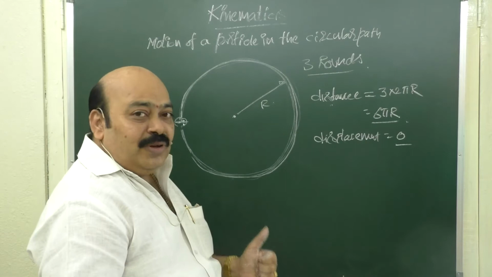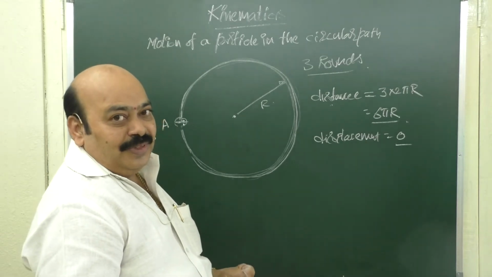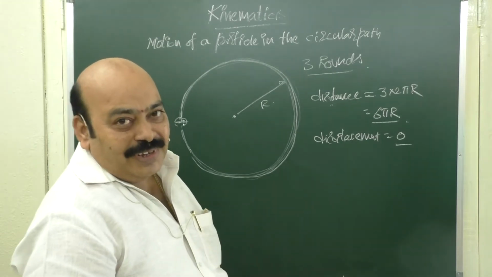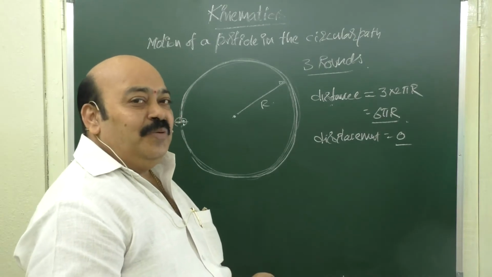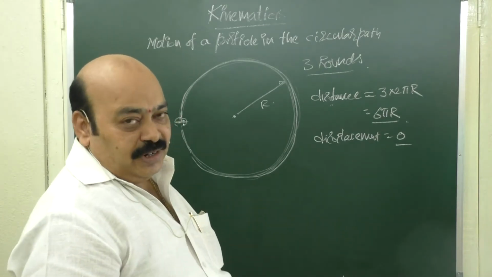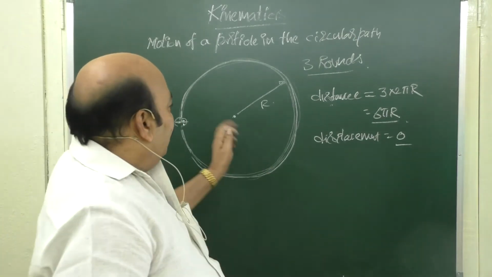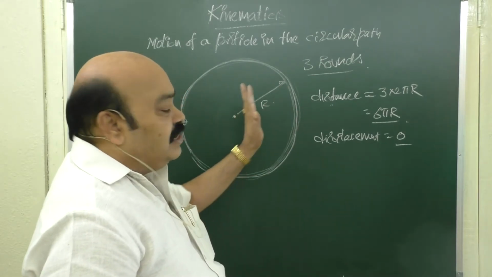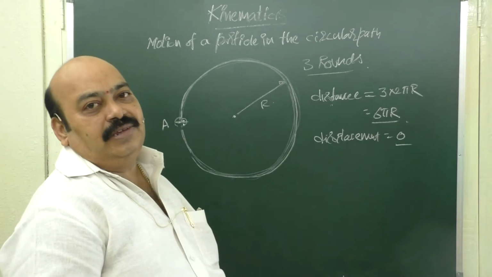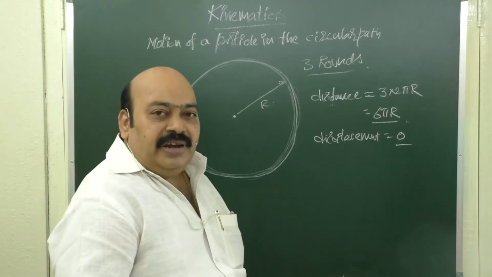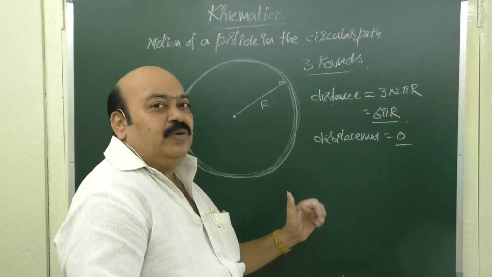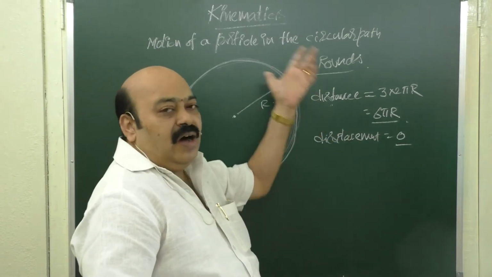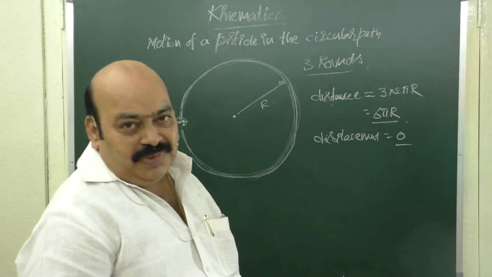If I am the question paper setter, I won't leave you like this. Same question, but the style of asking is different. A body rotating in a circular path whose radius is r completes 3 rounds. Then what is the ratio of displacement to distance travelled after it completes 3 rounds?